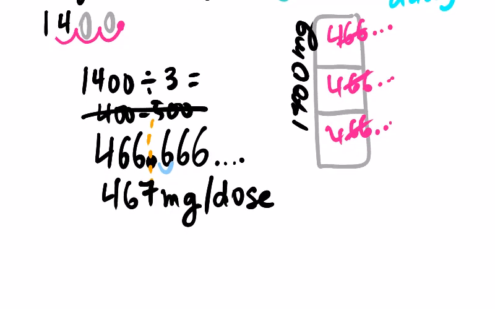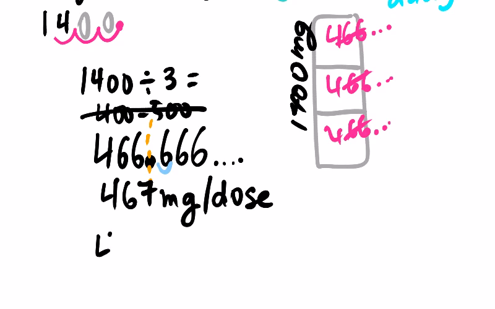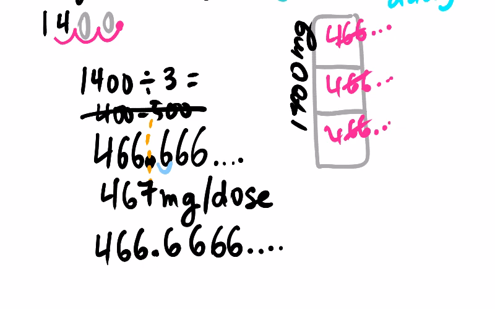If you decided you would prefer to round it to 1 decimal place, and why do I say prefer? We have to use some sensible rounding here. It depends on the drug and it depends on the instrument you are using to deliver it. So we would do the breaking line after 1 decimal place, and the blue 6 is the one that is going to decide.